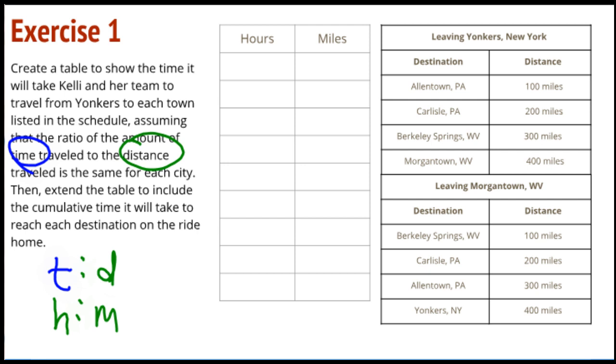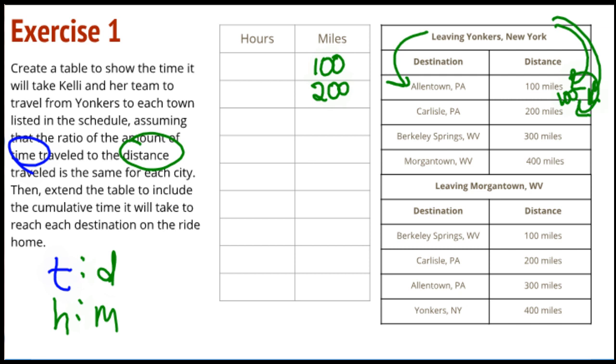So we leave Yonkers, and we travel to Allentown, and that is a distance of 100 miles. And then from Allentown, we travel to Carlisle, which is another 100 miles. So now I've traveled 200 miles. So Yonkers to Carlisle is 200.